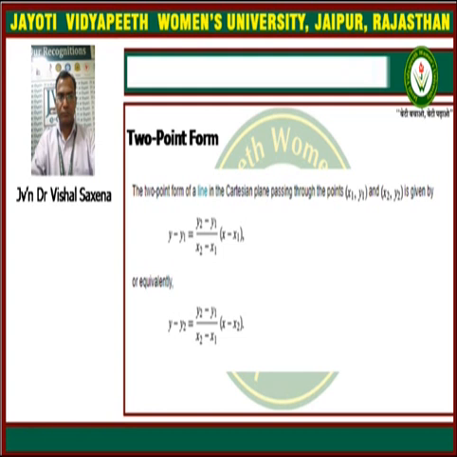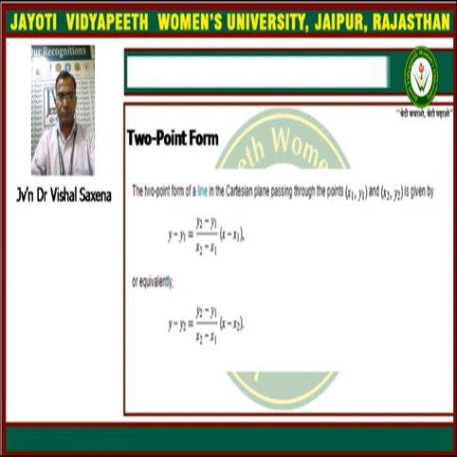The 2-point form is mentioned here, and we can see the formulas. If the line passes through the 2 points x1, y1 and x2, y2, then the equation of the straight line in the 2-point form is given by y minus y1 is equal to y2 minus y1 upon x2 minus x1, multiplied by x minus x1.